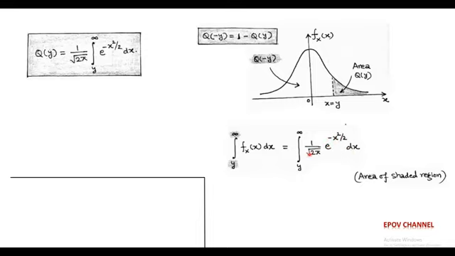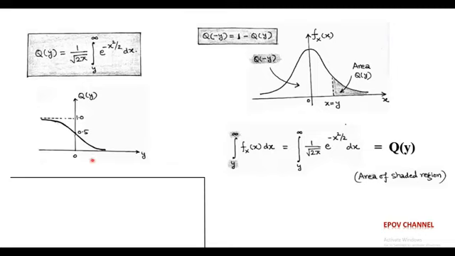This integration expression is called Q of y, which shows the area of the shaded region where we have minimum probability of observing the random variable x, and there is a maximum possibility of occurrence of an error. Now, as we see in the expression of the Q function, limits are from x equals y to plus infinity. So the evaluation of this integration is possible as it gives a finite result.